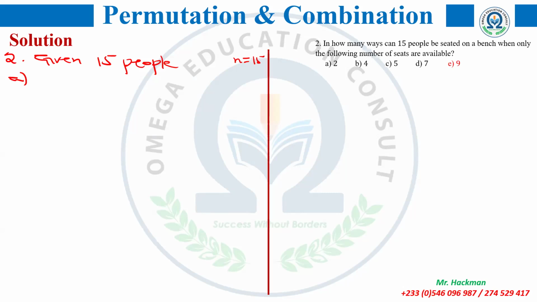Any point in time that I make them occupy the seat, which can take only 2 people, I will have only 2 people. Each 2 that you take, you have 2 ways of arrangement. So all we need to know is that we are looking at N people arranging 2 of them. So in this case, our R will be equal to 2.